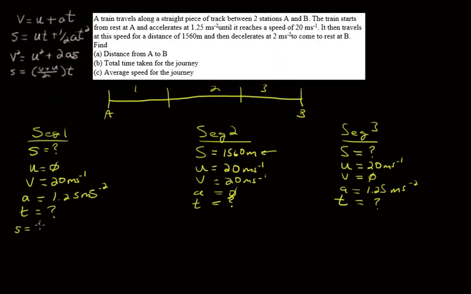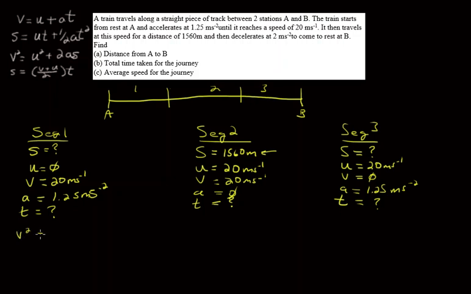S equals V plus U over 2 times T. Nope, sorry, not that one, because it's got time. Do not be ashamed if you pick the wrong one and you have to start over. It happens, all right? So what we actually have, see, we want U, V, A, and S, because we want the total distance. And that is, as far as I know, the only one we've got.